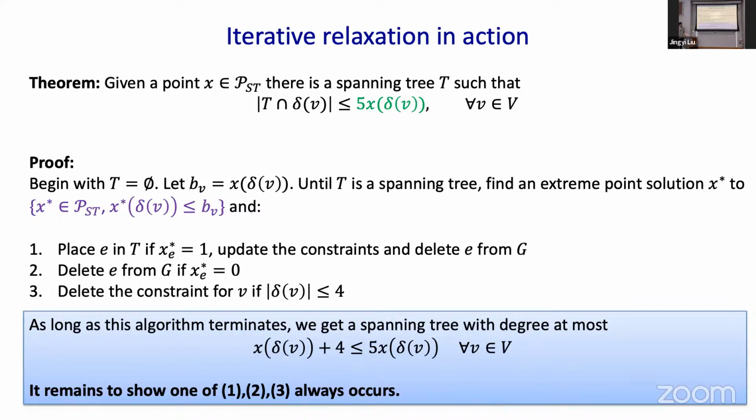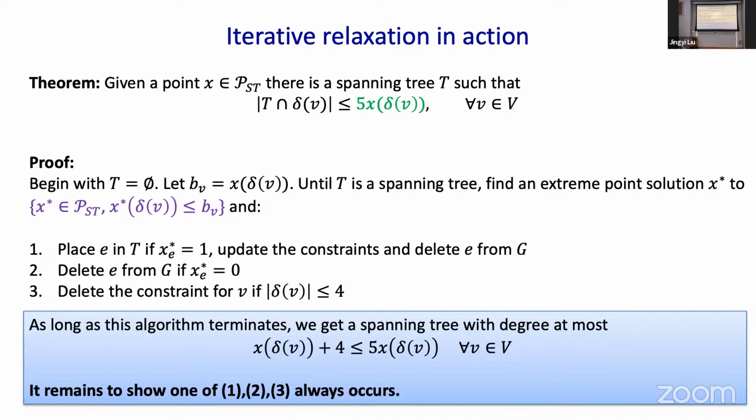And I claim that as long as this algorithm terminates, we're going to get a spanning tree with degree at most x of delta v plus 4. Because when do I violate this constraint in terms of the number of edges in the spanning tree? I violate it only after I've deleted the constraint corresponding to that vertex.